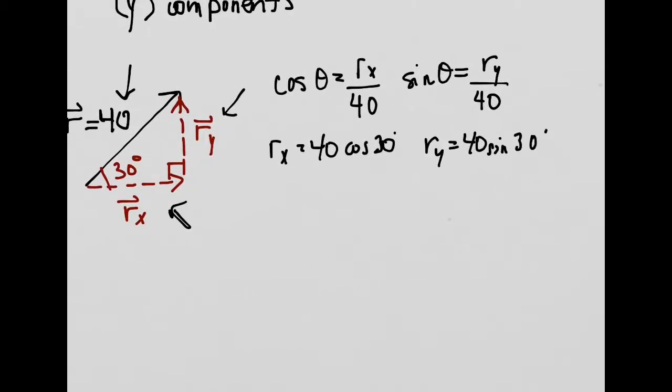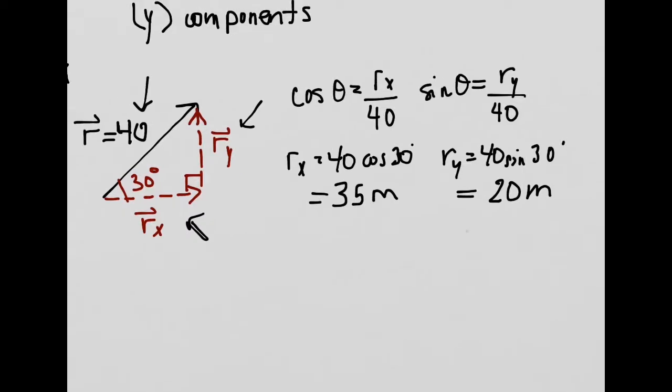30. Once you plug that into your calculator, you get 20 meters for Ry and about 35 meters for Rx. I'm just rounding to the nearest whole number because my original values were given to the nearest whole number.